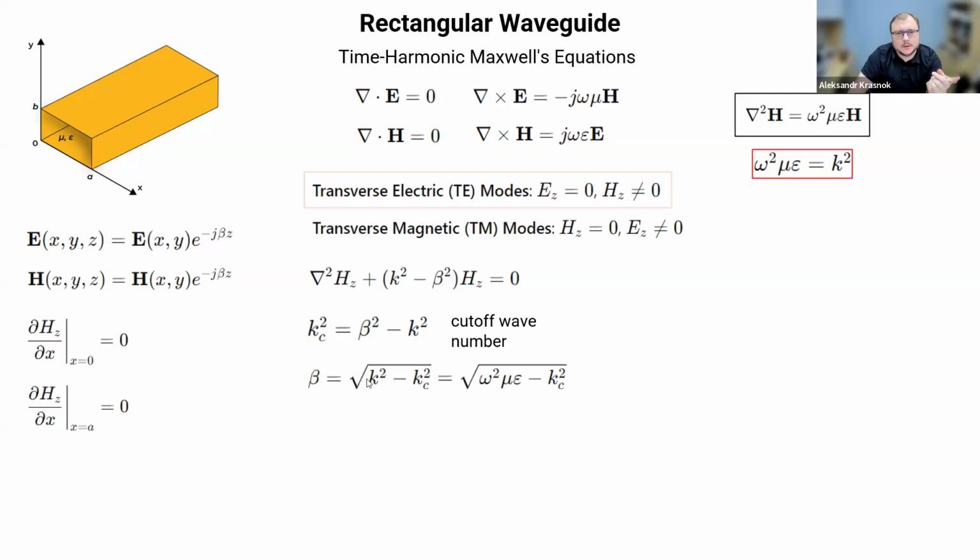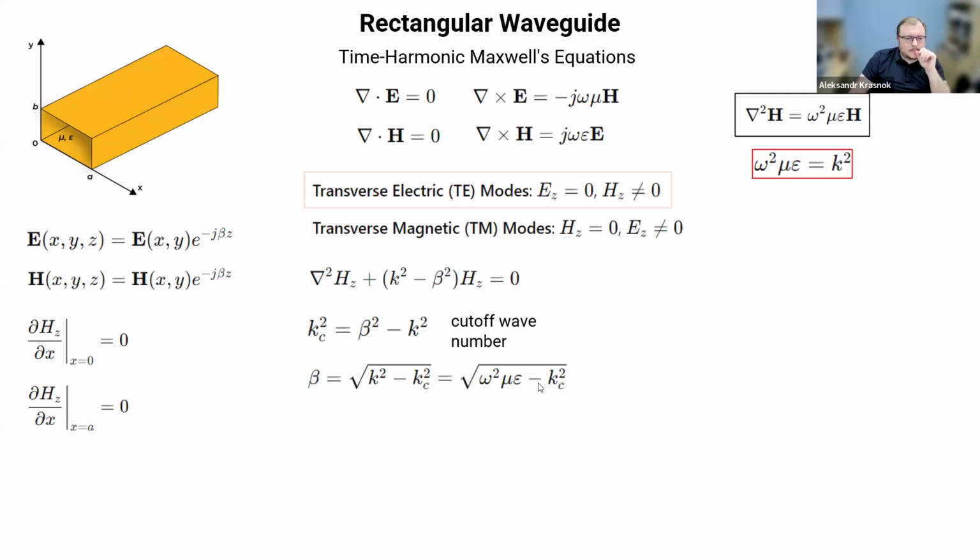Here k is the wave number of the propagating waveguiding mode, which is essentially the ratio of the angular frequency to the phase velocity. So beta is equal to the square root of k square minus cutoff wave number squared.